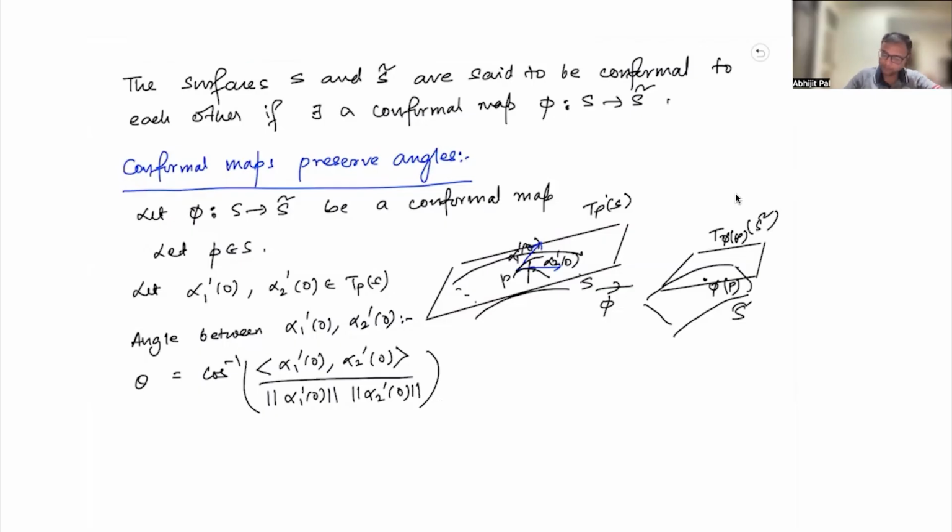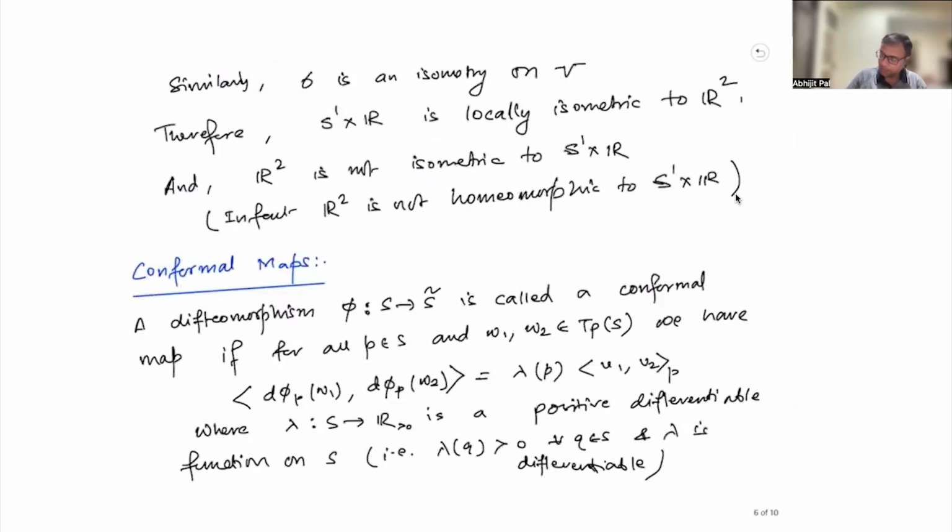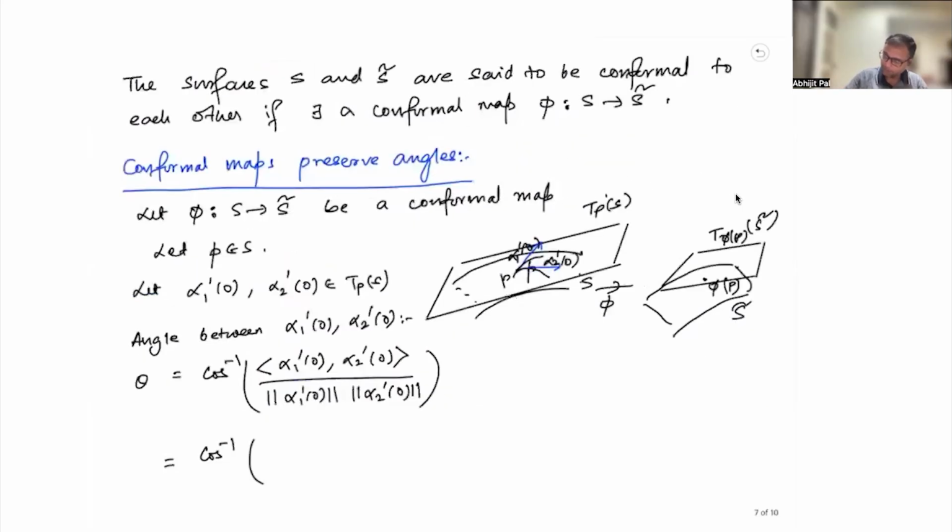Now you know that this d phi is conformal, so let us go back to the definition of a conformal map. From this equation, what will we get?